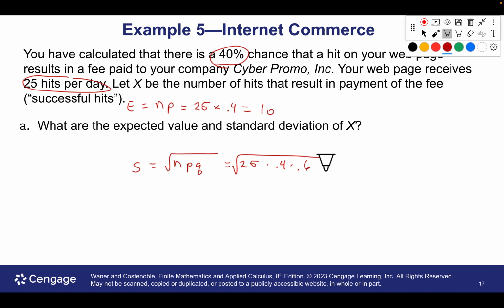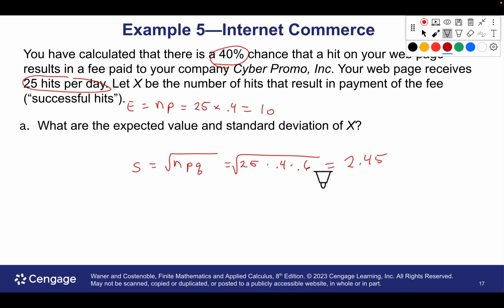I've got a calculator right here. Times 0.4 times 0.6, that's 6, and the square root of 6 is 2.44, 2.45 rounded.